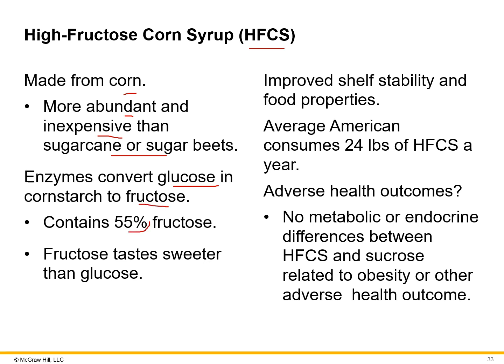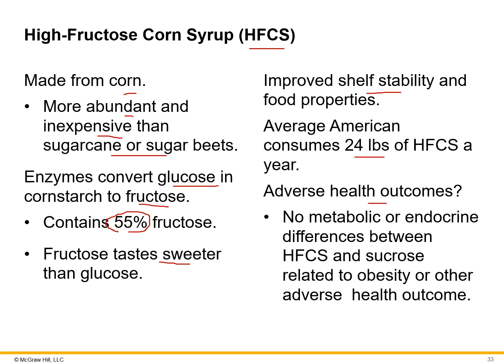So it has about 55% of the fructose, which tastes sweeter than glucose. So you're getting more sweet taste. And again, ultimately, your liver transfers it into glucose. Another thing is it does increase the stability, so it helps last a little bit longer. And again, just kind of a tidbit here, about 24 pounds are consumed every year.